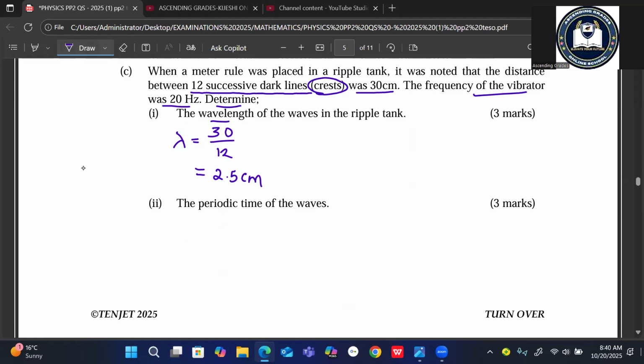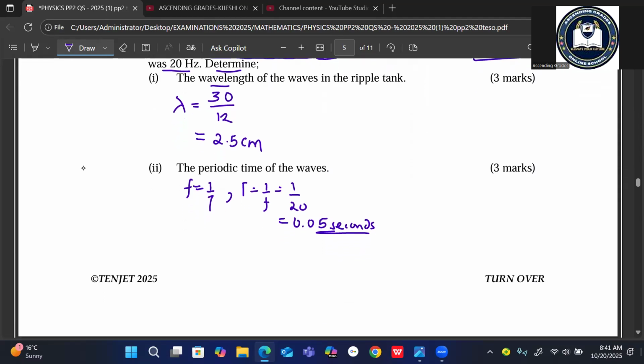The periodic time of the waves: we are told that it has a frequency of 20 hertz. So we know that frequency is given by 1 over T. Therefore, T will be given by 1 over f, and this is 1 over 20, giving us 0.05 seconds. If you cannot write a small s for seconds well, then write in words.